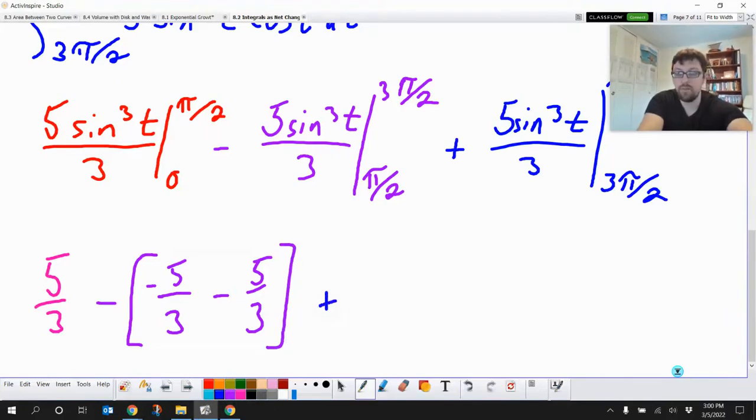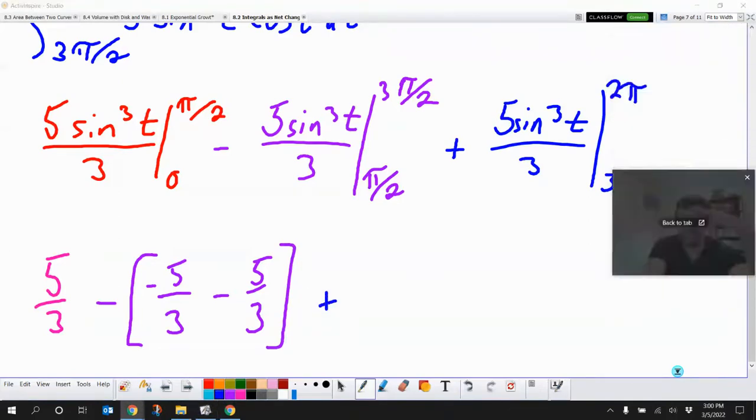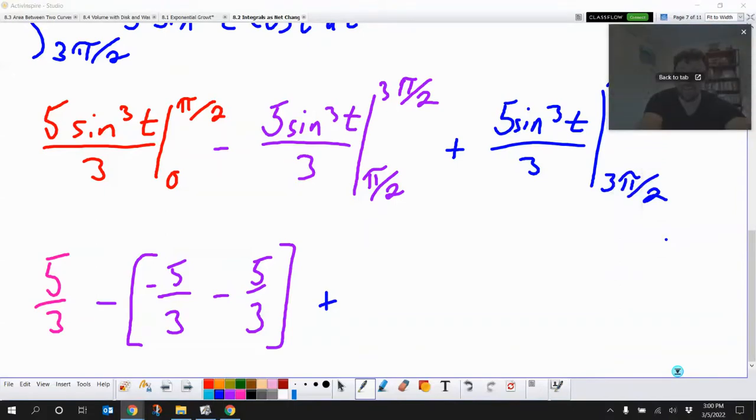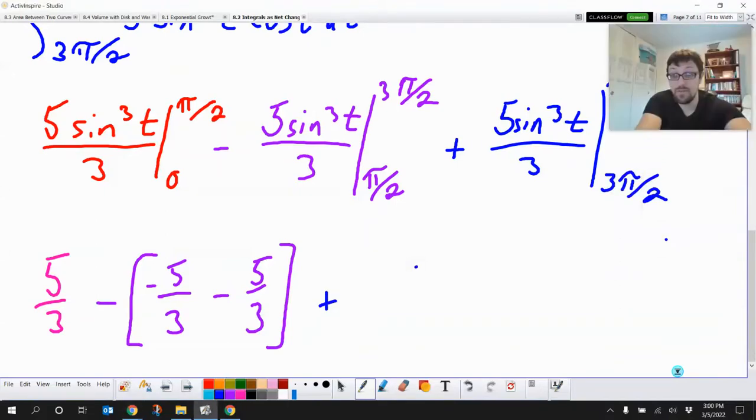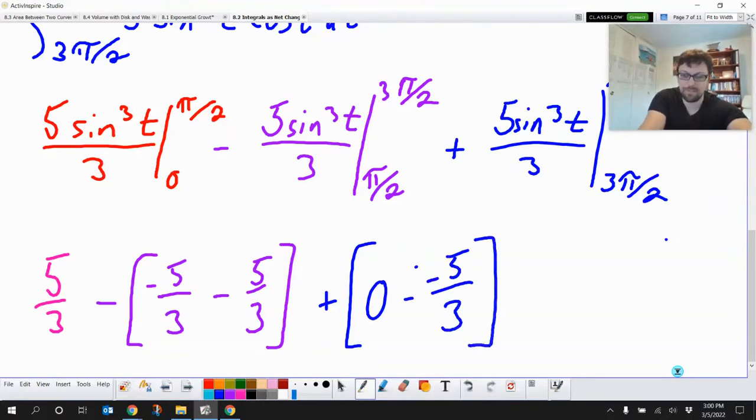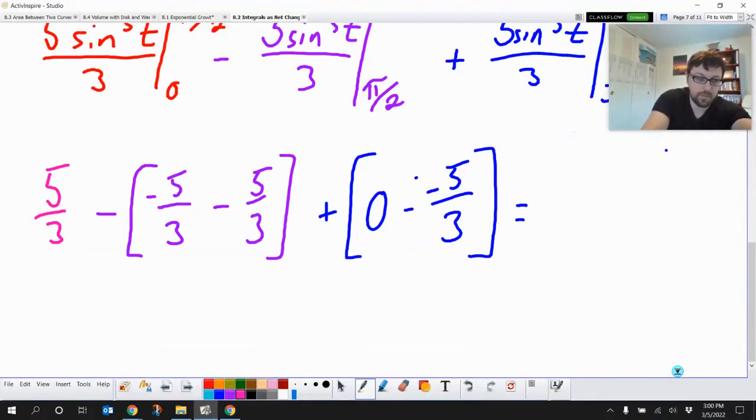Our final part, the blue part, we do the top, which is 2 pi. The sine of 2 pi is 0. So that is just 0 minus the bottom, which is negative 5/3, because we just did that. Okay. So this ends up equaling 5 thirds.